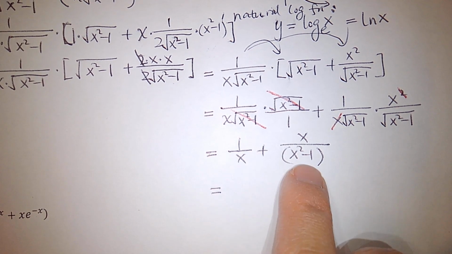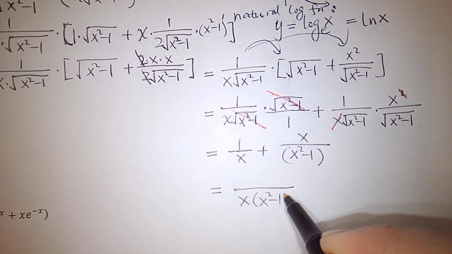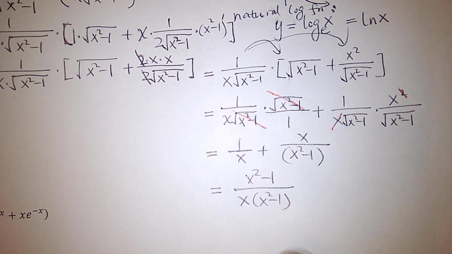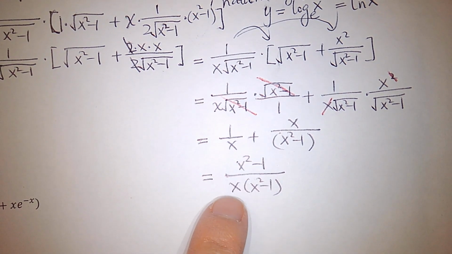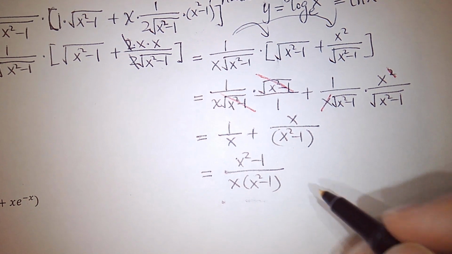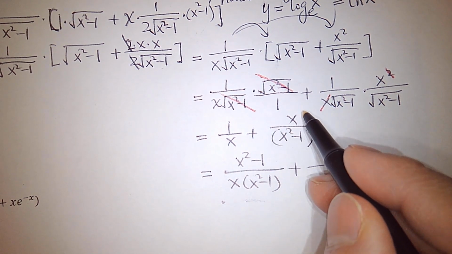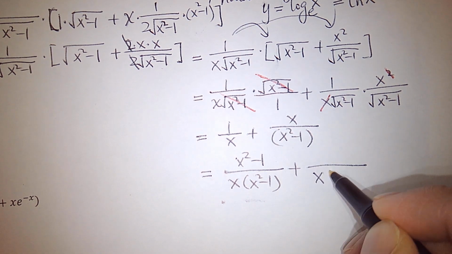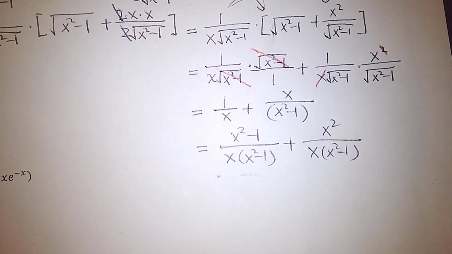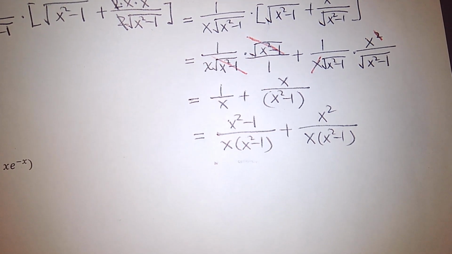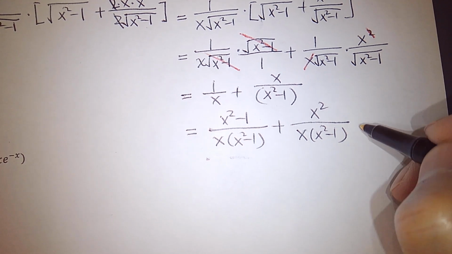Common denominator. What is common denominator? X times by x squared minus 1. Right? So the first fraction you can write x squared minus 1 over x times by x squared minus 1. For the second fraction, we need to multiply by x from both top and bottom, right? And then now common denominator, right?